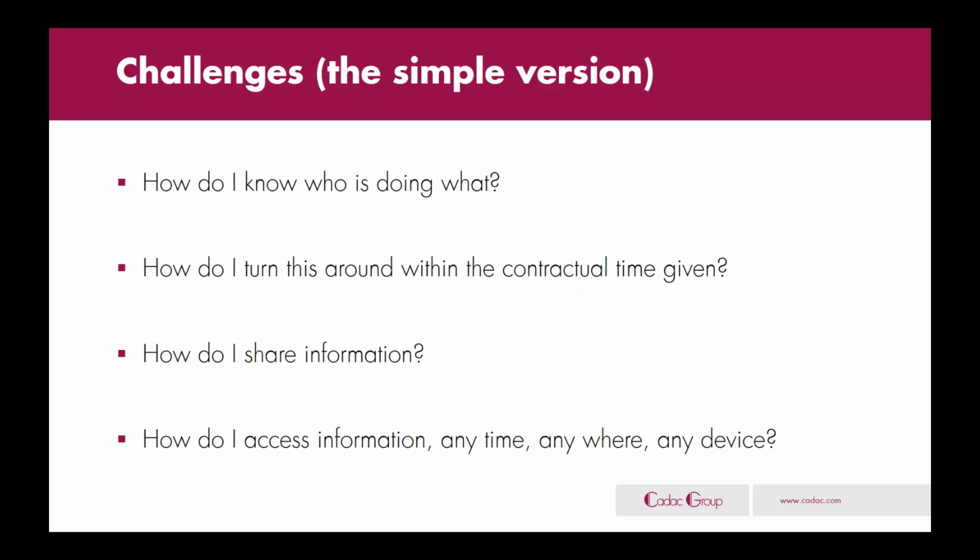Who's working on what? Are they done? Is it completed? How do I turn these things around within the given contractual time? Very often a contract that you execute, certainly on the larger jobs, has some type of turnaround time for documentation that's sent to you, be it 21 days, 15 days, 12 days, 10 working days. We've seen a whole lot of differences in the ways that contracts are set up.